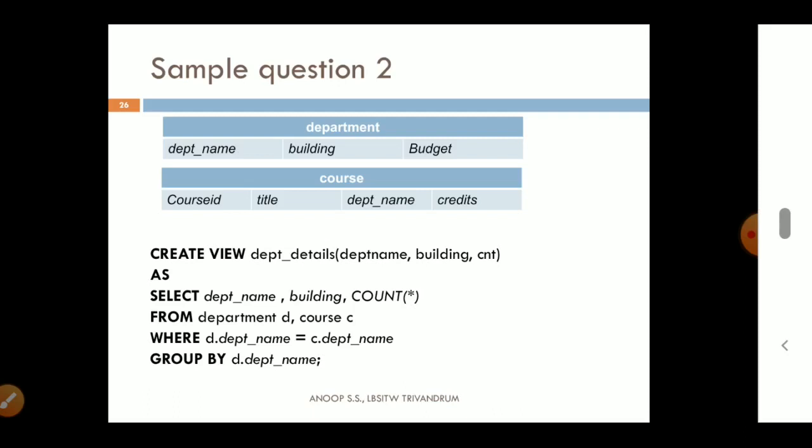If we want to provide new names for the attributes in the view, along with the view name we can provide the attribute names also. Like this: create view department details, in parentheses department name, building, count, which means that a department details view will be created and its attribute names will be the names specified.